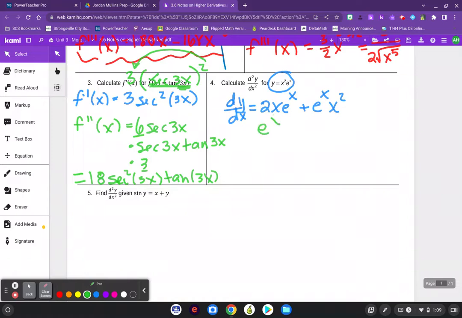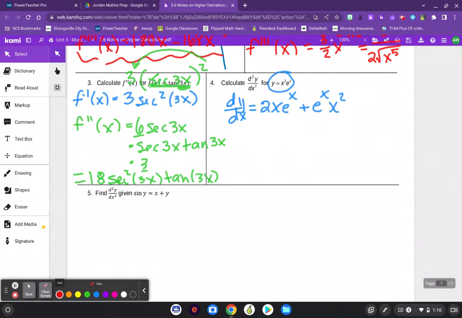They have this e to the x in common. So I could factor that out and then do one product rule. That sounds like fun. I could do that. And so there's a couple of different options that you have here. I'm actually going to go back and do the product rule twice just so I can get a little extra practice. But you have choices here.